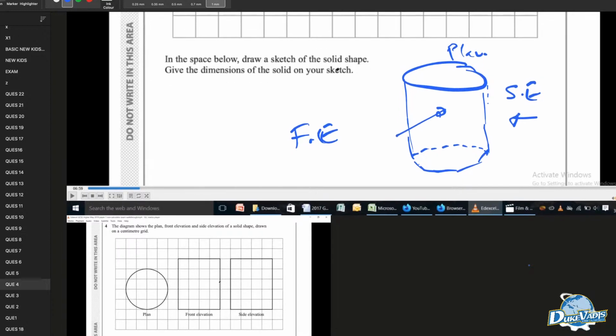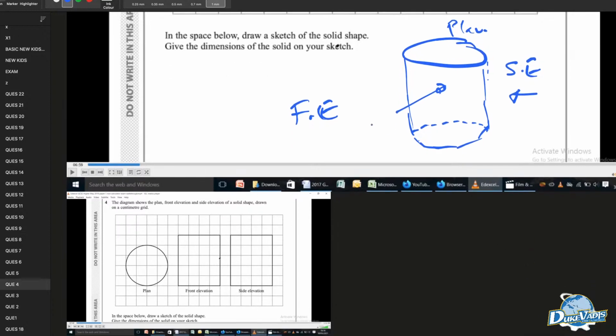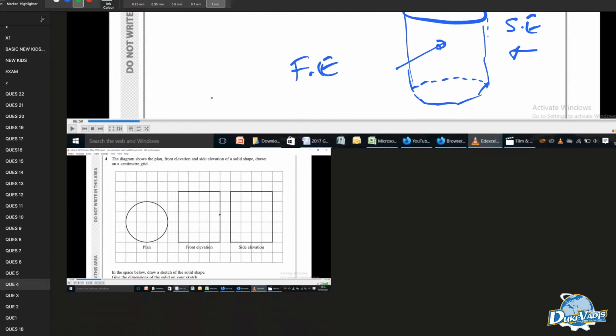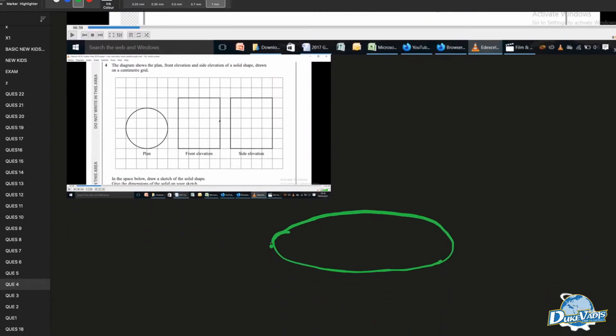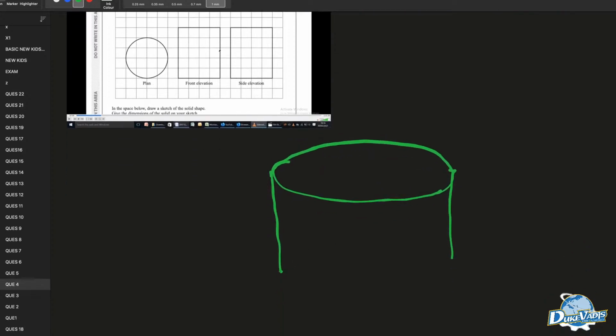Let's come down here. So our object demanded to be drawn is this. It's like an oval. Because if you take a Milo container and you place it in a certain position, you will see that even though the top is a circle, you will never get a circle when you are viewing it from that perspective.